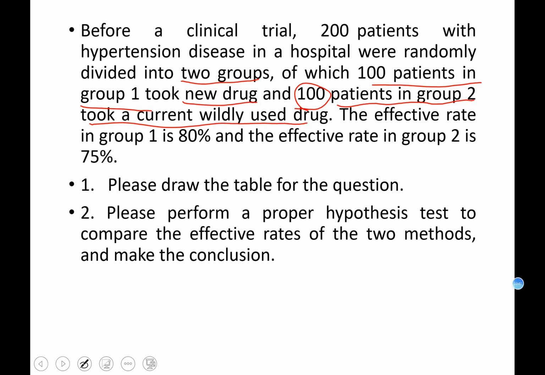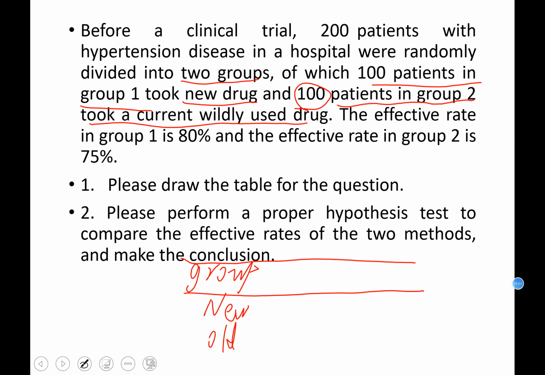So here we can list the numbers in the table. The first row means group. And the first group is new drug, and the second group is old drug. So let's draw the table like this.